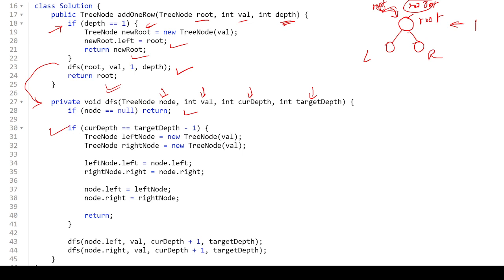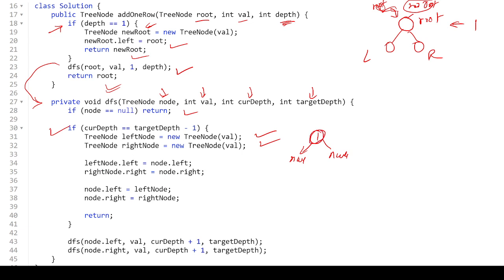So we will create a new left node and a right node from the val, meaning a node having value 1 with null children on both sides. Val is 1, so we have created them.